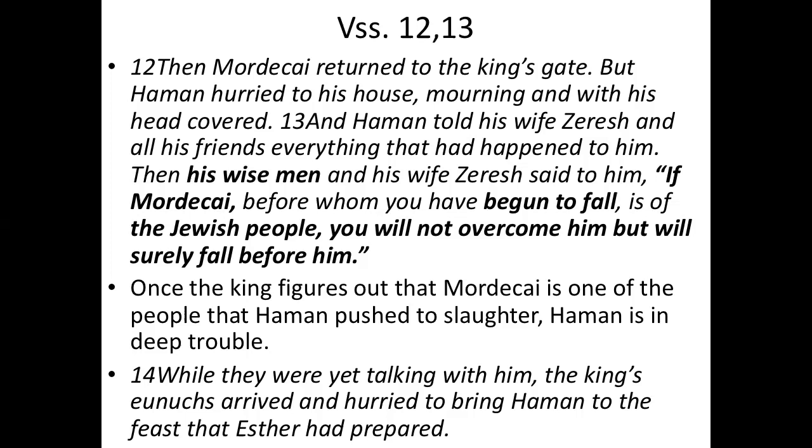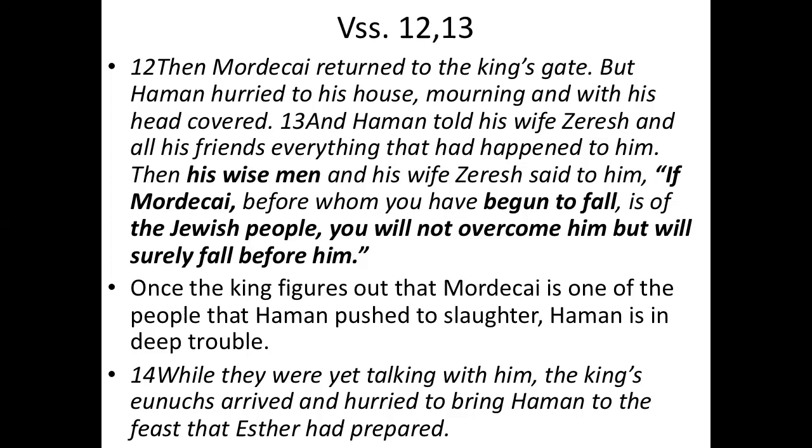Now think about that. Once the king figures out that Mordecai is one of the people that Haman wanted to have slaughtered, Haman is in deep trouble. He doesn't know at this point even that Esther is a Jew. But he knows about this decree to kill all the Jews, right?